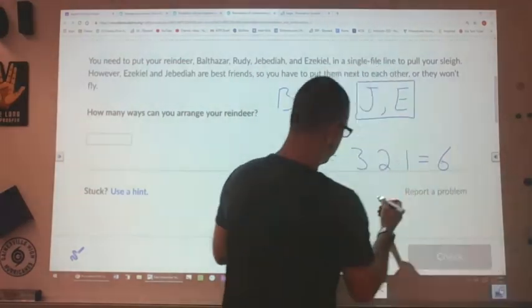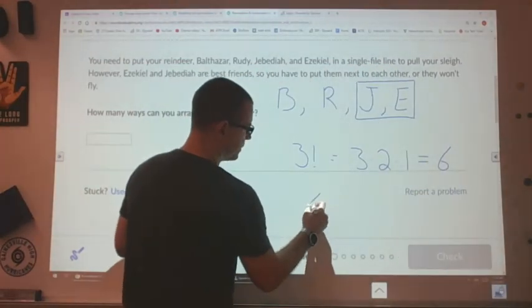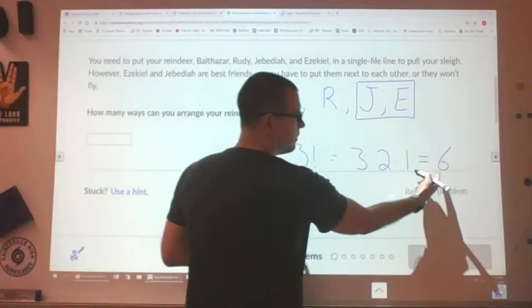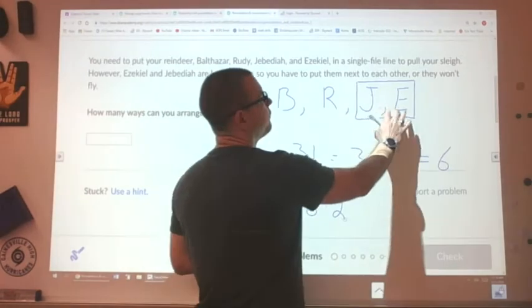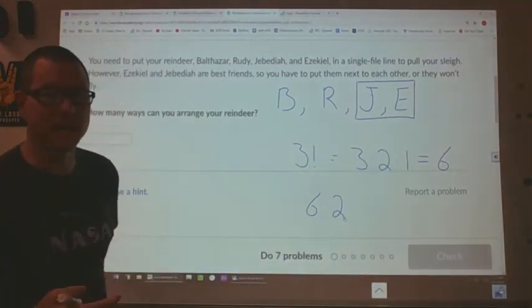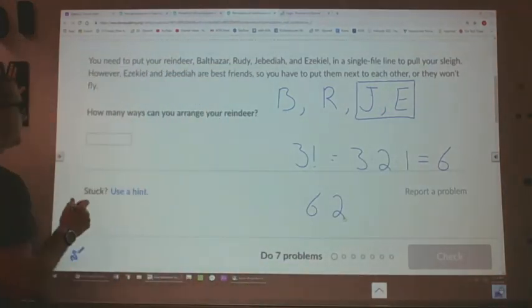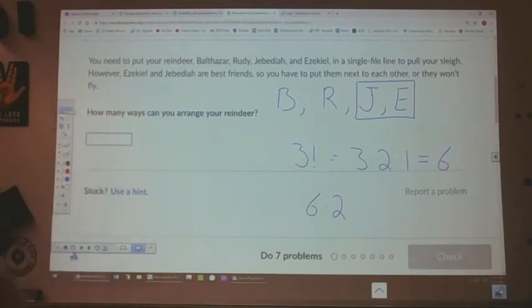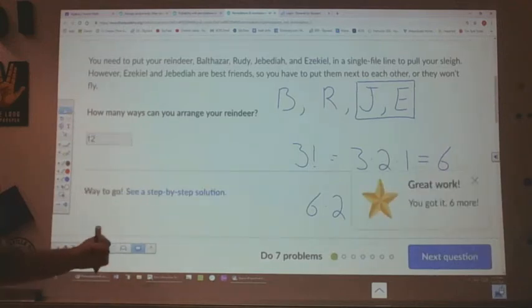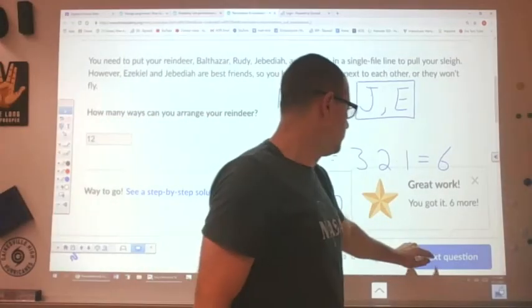So the total is going to be our 6 ways of arranging them that we found through factorial, and then multiplied by 2 for the different ways that we could arrange that, which would be 2 factorial, technically. So our total ways here is 12. That one wasn't too bad.